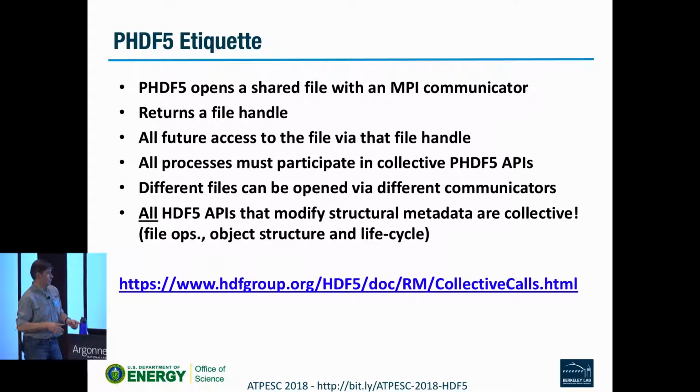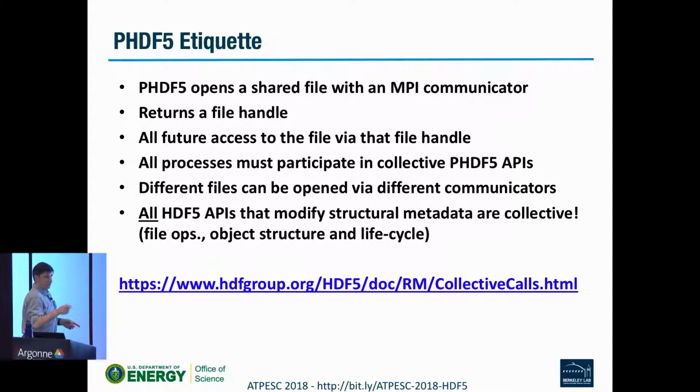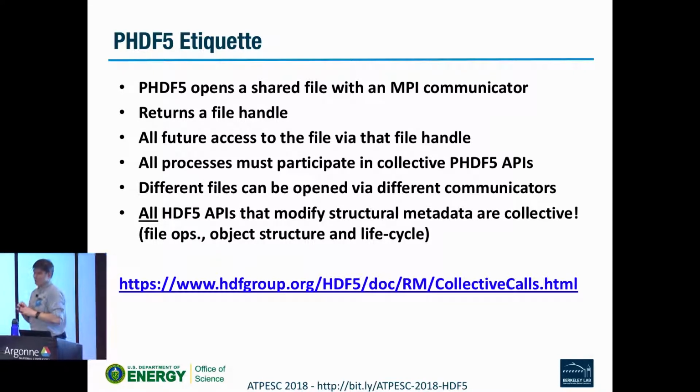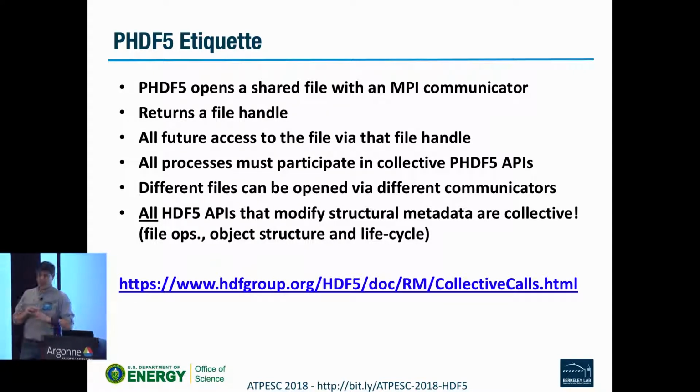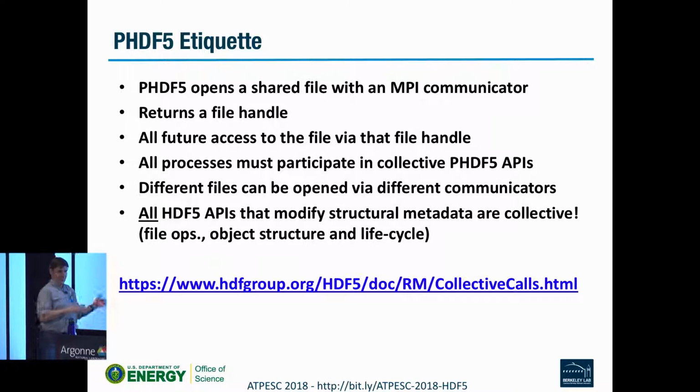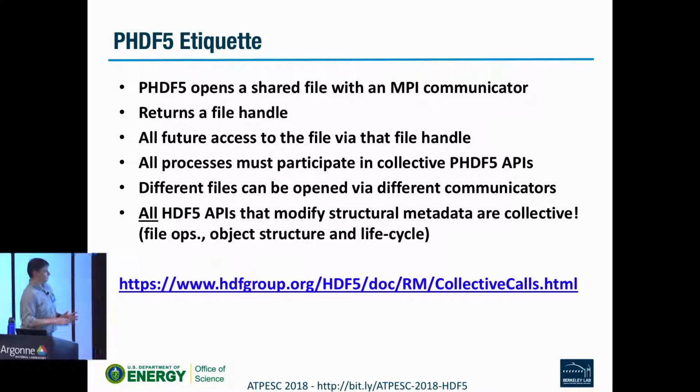I'll show you what happens when you don't. If you want to write elements in your data sets, you can do that independently. You can even, if you're very, very careful, open the file with write access from two different jobs and update the data set elements from both. I do not recommend that because it is very dangerous and you will probably shoot yourself. But you can do it.